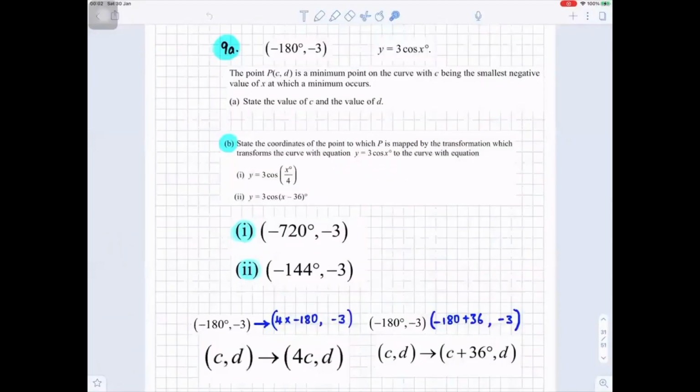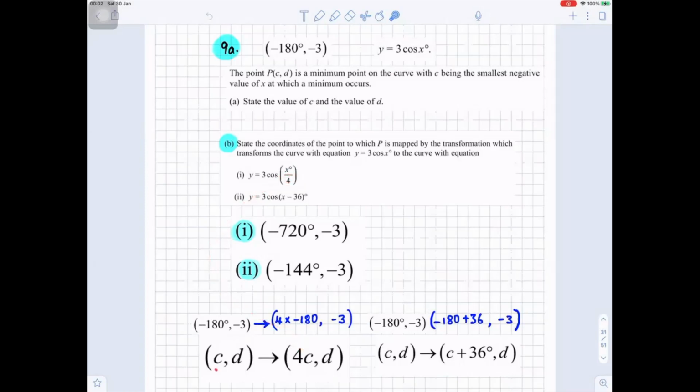So just to quickly summarize 9a, you can plot that graph y equals 3 cos x degrees in your graphics calculator, and you use G-Solve and find the minimum point, and that would give you minus 180 and minus 3. And when you divide by 4, you times 4.